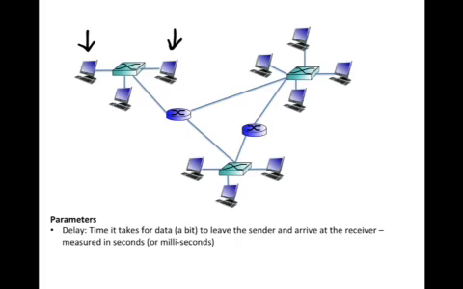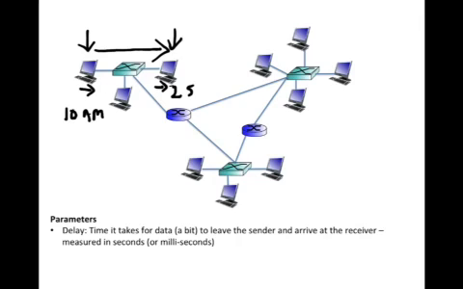Let's say the bit leaves the sender here at 10 a.m. and the first bit that left the sender arrives here at 2 seconds past that time. Then the delay is a 2-second delay for the bit to leave the sender and arrive at the receiver.